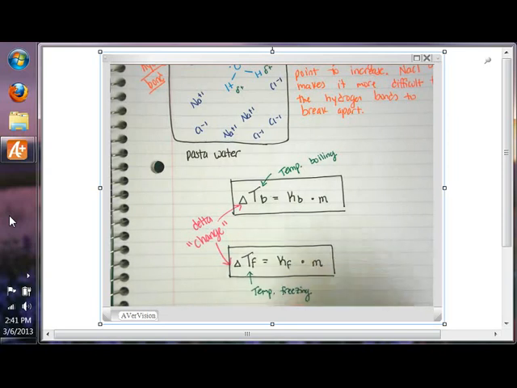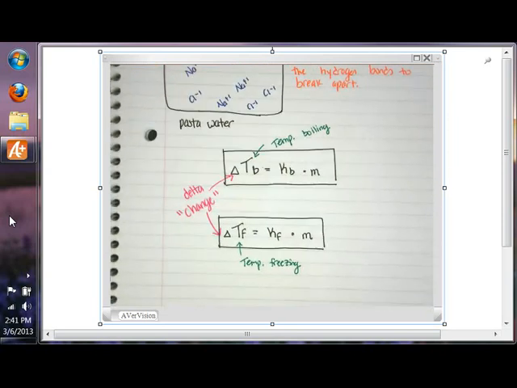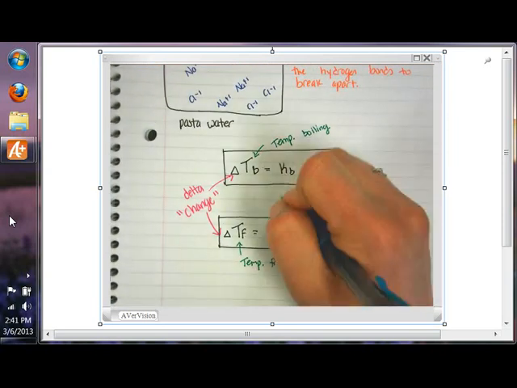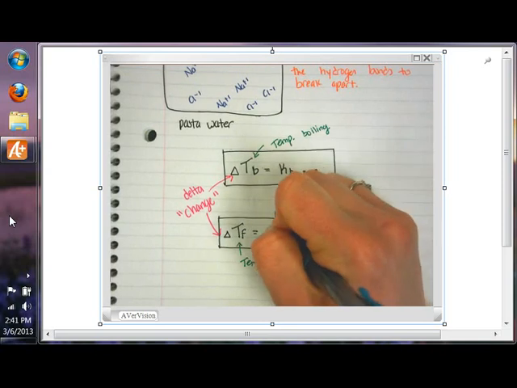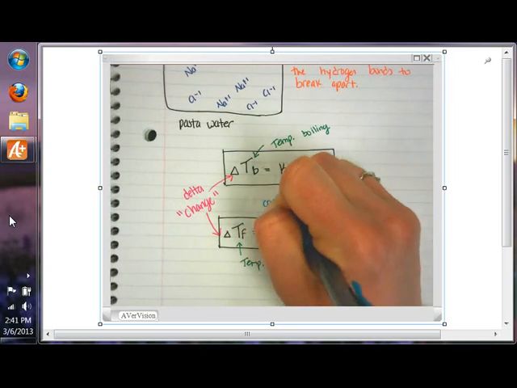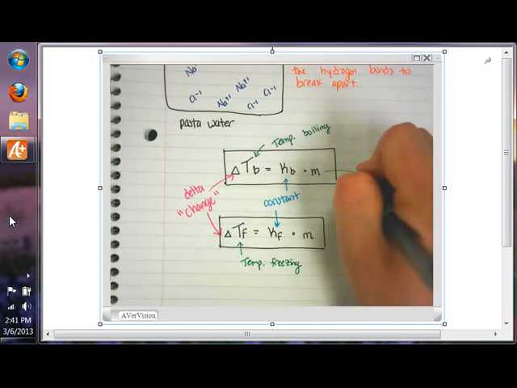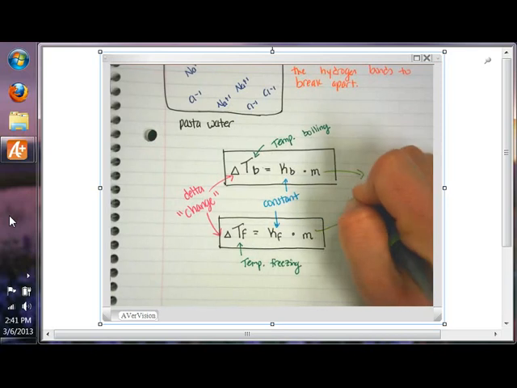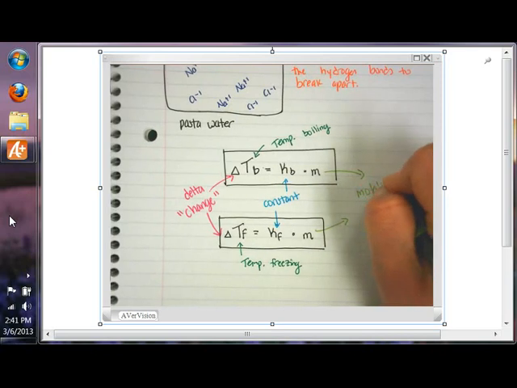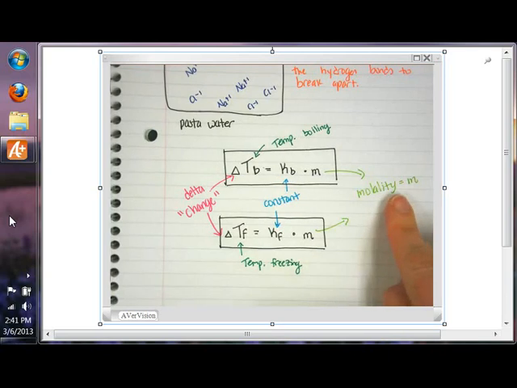The KB and the KF are just constants. And the little m stands for molality. It's very similar to molarity, but it is called molality, and it's a little bit different.